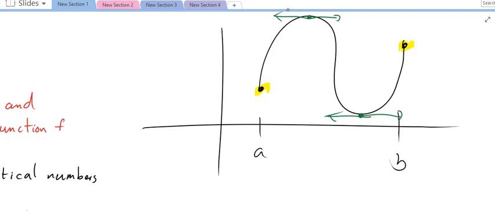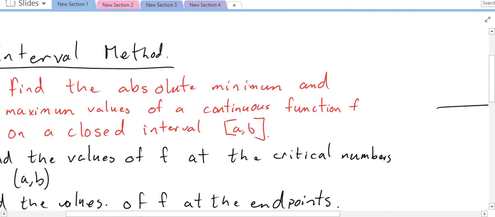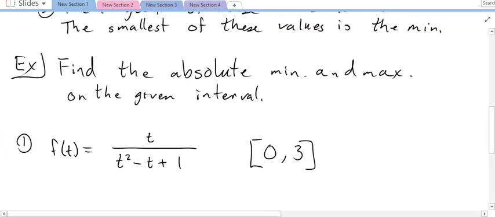And those are the only possibilities. So we don't have to look at every value. We only have to look at these very specific values in order to determine the absolute min and max on an interval. So let's go ahead and do an example here.